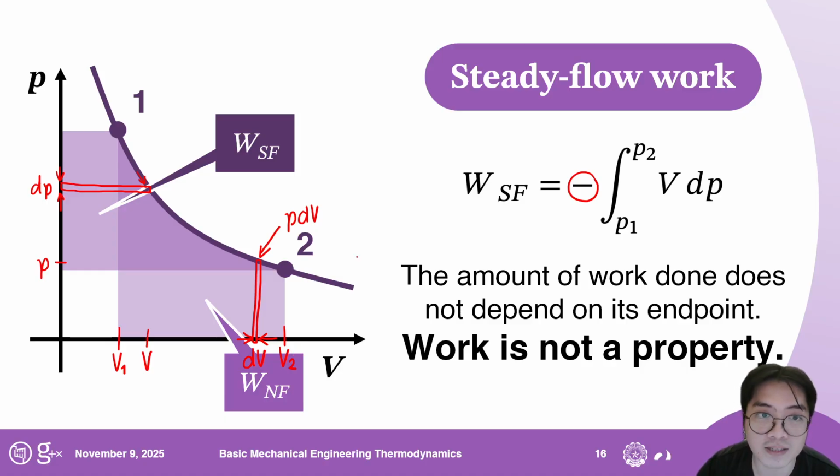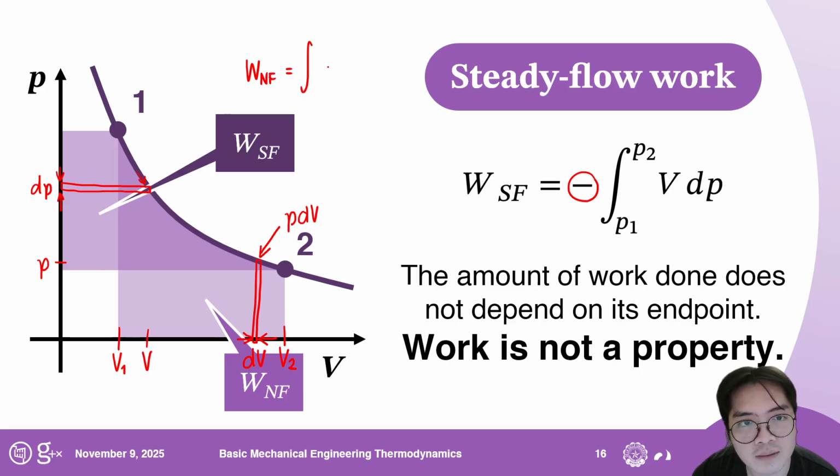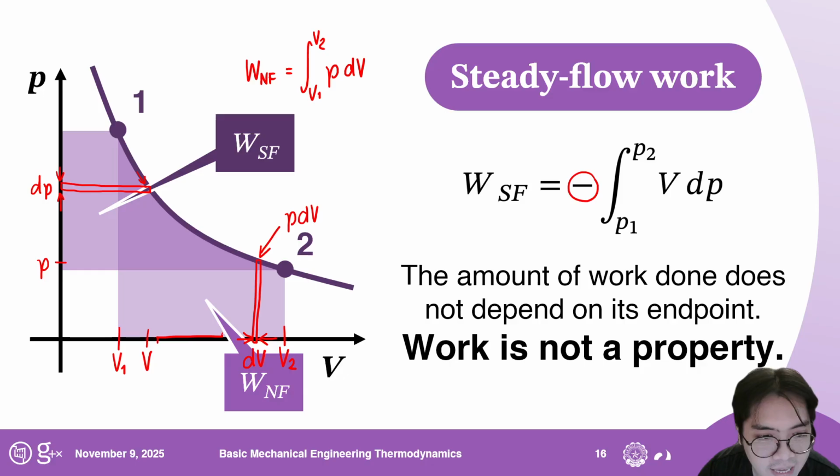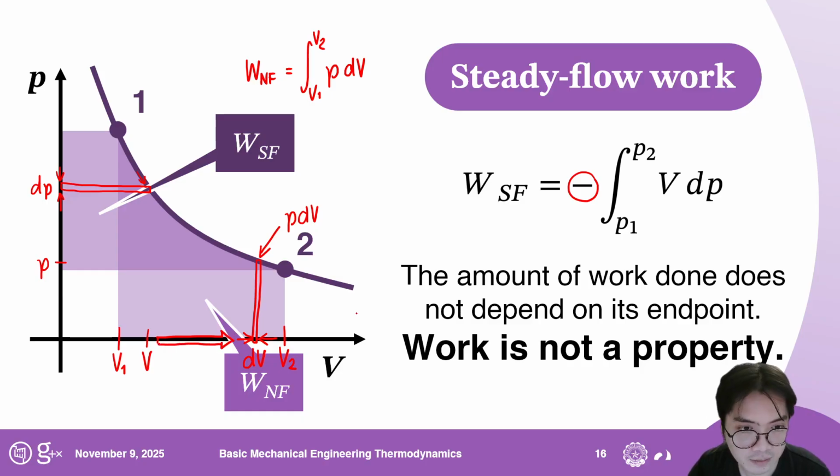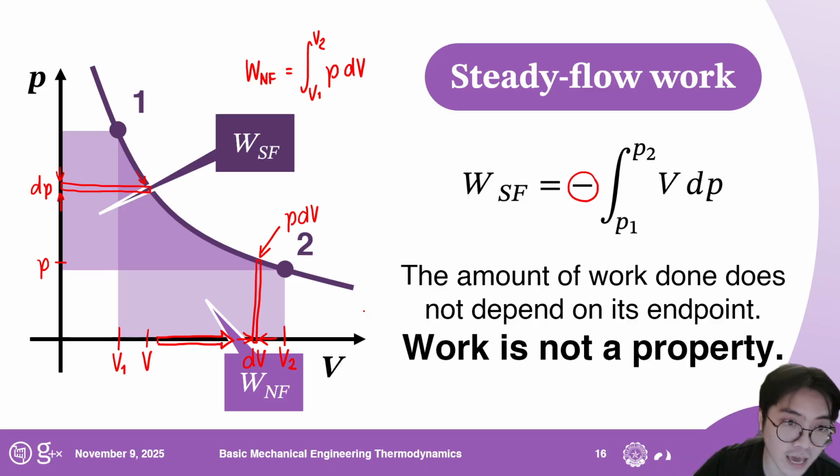Why is your work positive? Because based on the work non-flow formula, which is basically PDV from V1 to V2, you read it from left to right. This is registered as a positive area because you read it from left to right and because the area is above the x-axis.